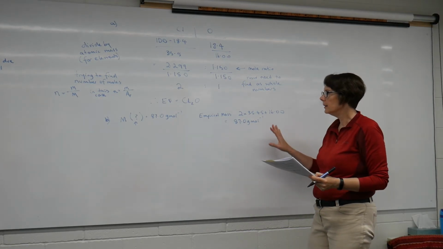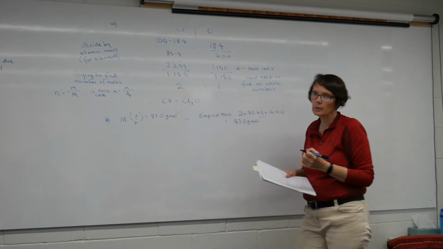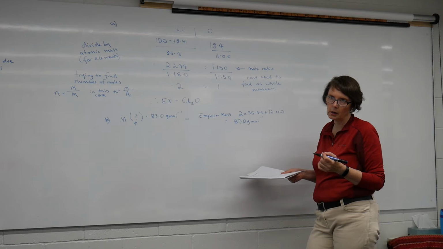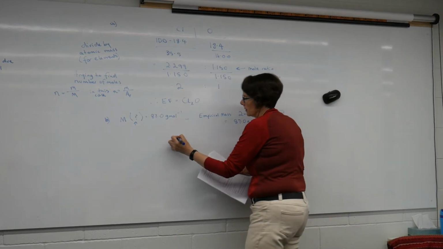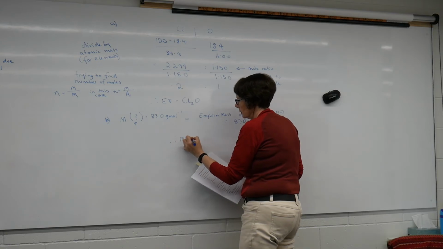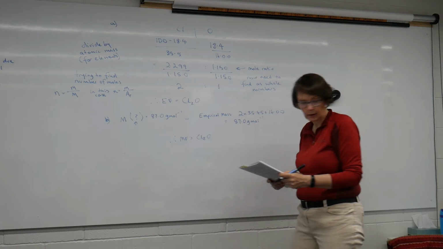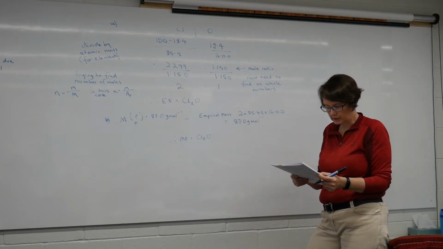So the empirical mass is equal to the molar mass. Therefore, the empirical formula is equal to the molecular formula. So it's not really that useful an example because they were the same.